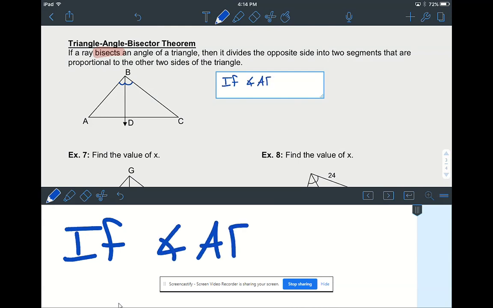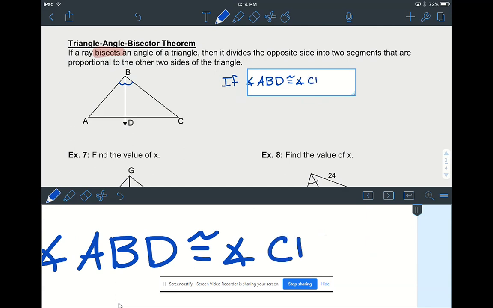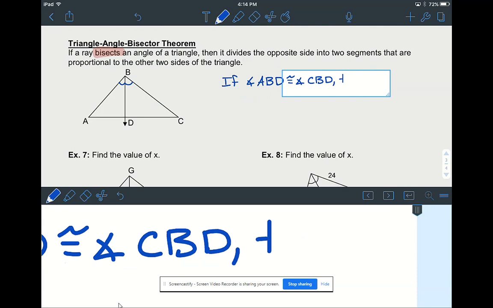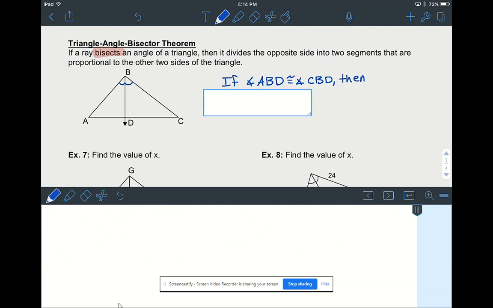So angle ABD is congruent to angle CBD, so that heart we created, then you can set up two different proportions.